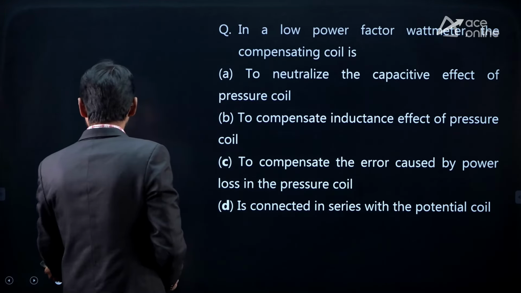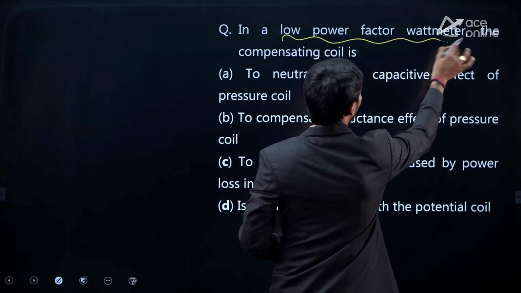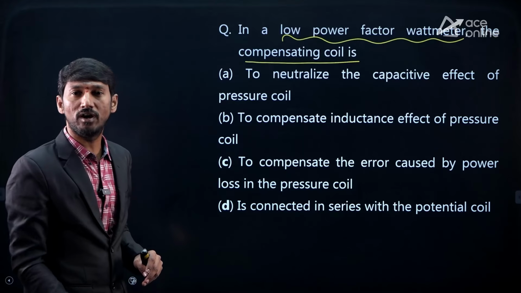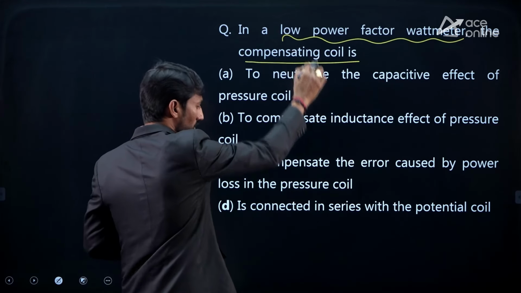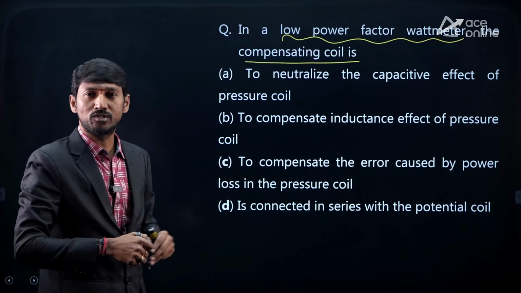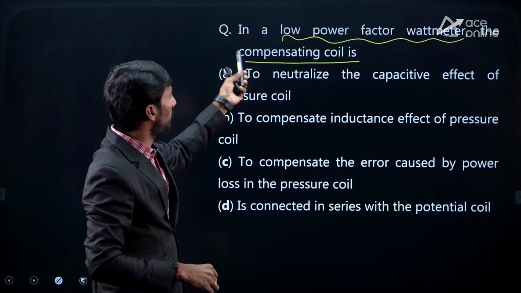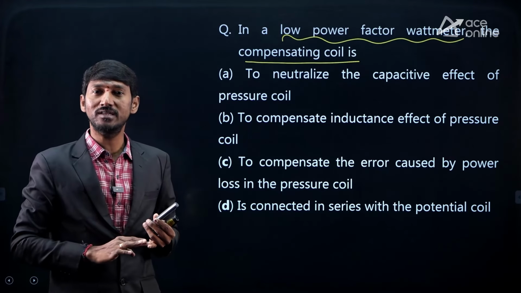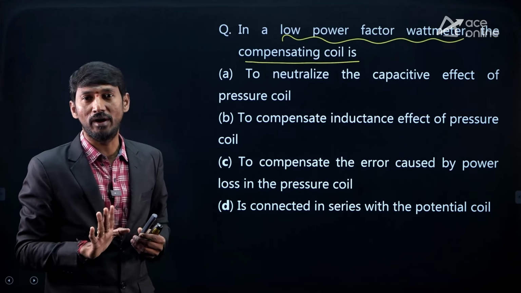In a low power factor wattmeter, the compensating coil is connected. So without reading all these options, let us recollect the thing. In the low power factor wattmeter, the compensating coil is connected in series with the potential coil to compensate the power loss occurred in the corresponding potential coil.